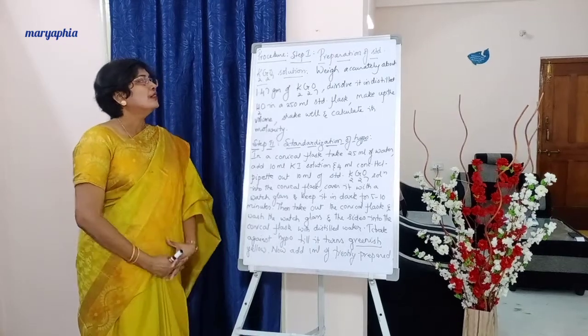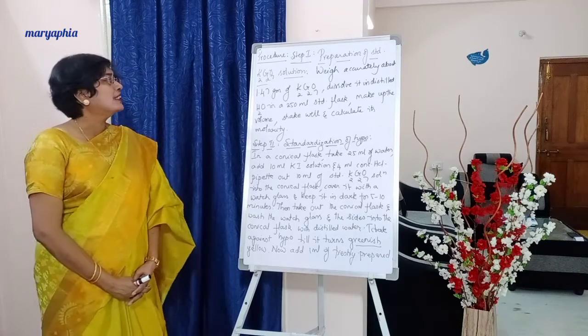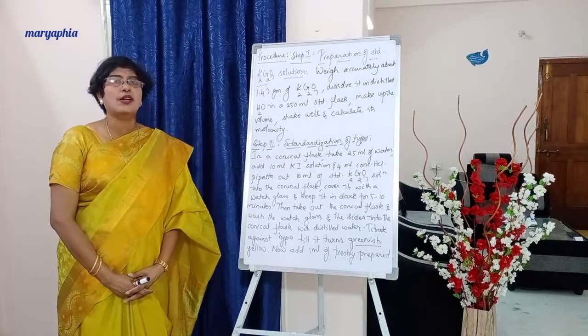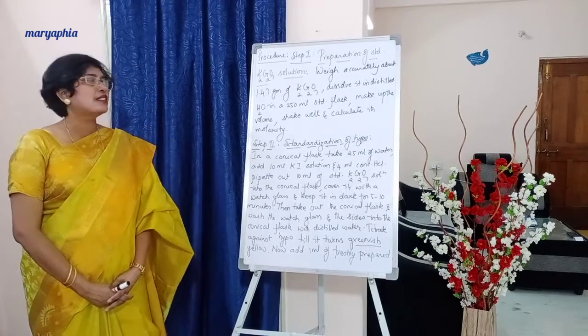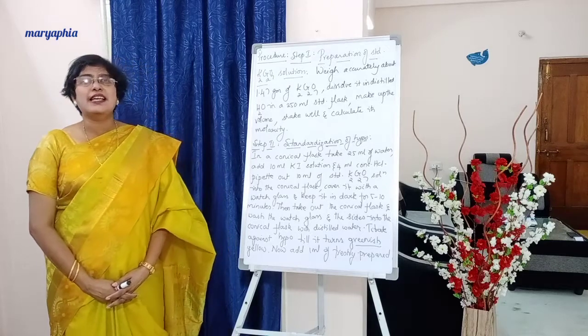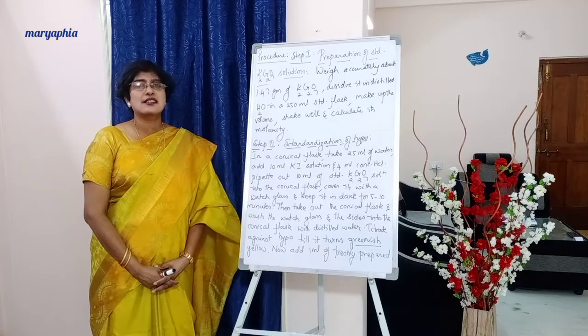Now, we all know that we weigh 1.47 grams of K2Cr2O7, dissolve it in distilled water in a 250 ml standard flask, make up the volume, shake well and calculate its molarity. This is the first step, students.